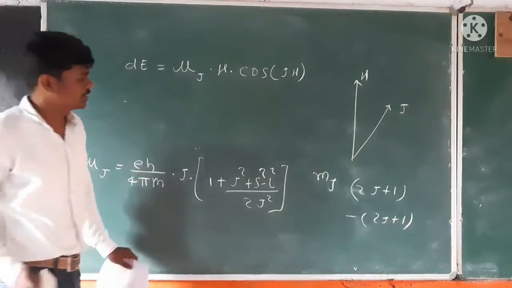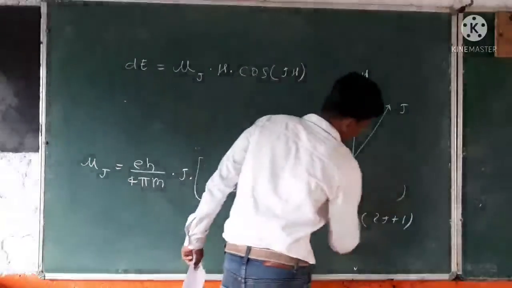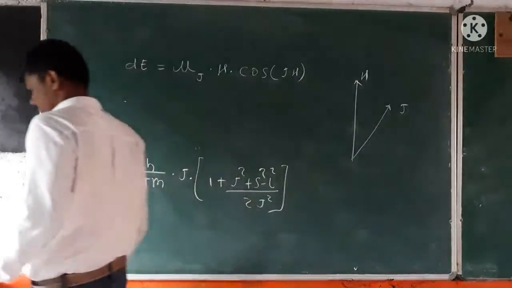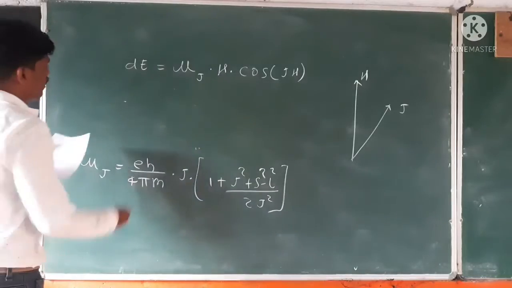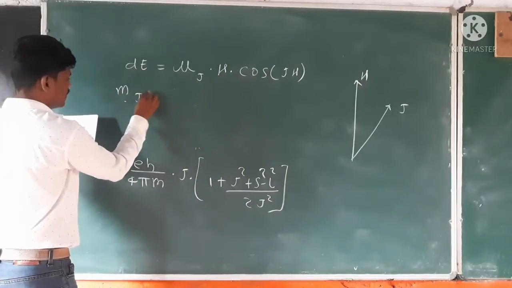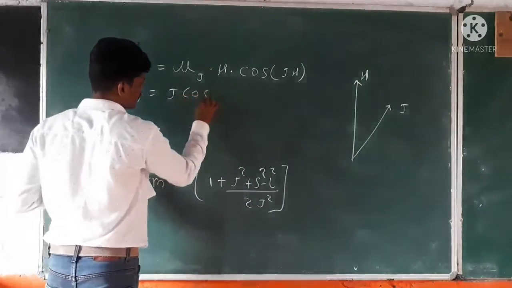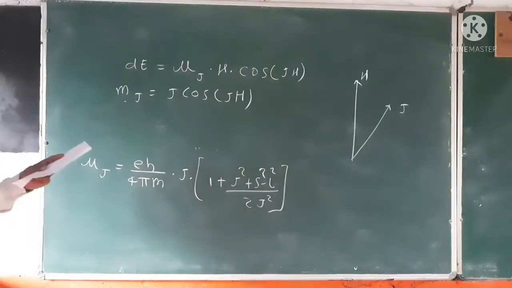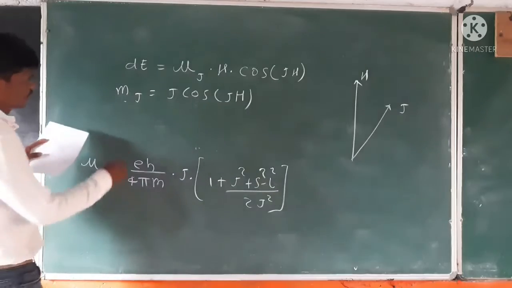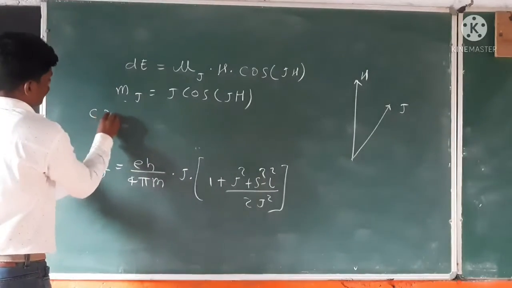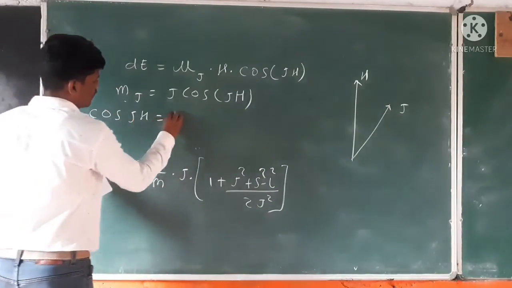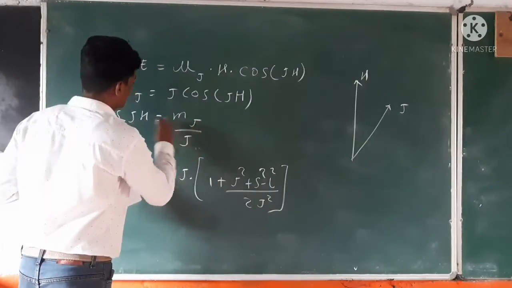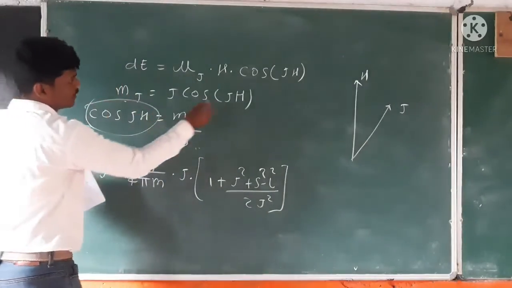Now we have the relation for Mj and H as Mj is nothing but J cos JH. So this relation we can put as cos JH equals Mj by J. So this value of cos JH we can put here.